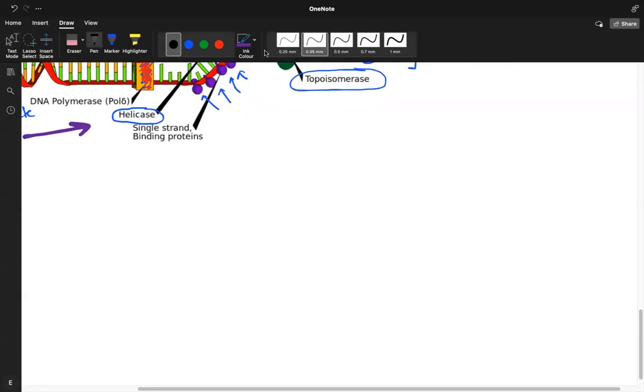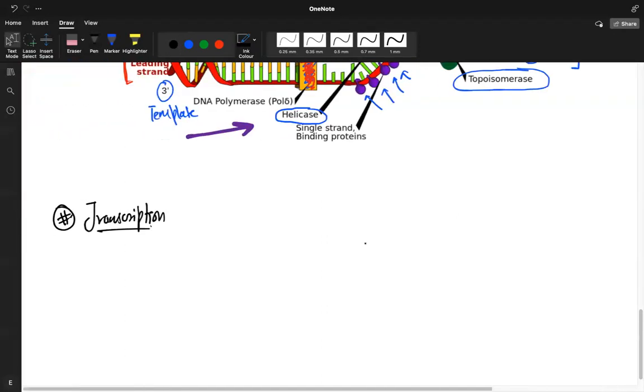The last one, RNA-dependent RNA polymerase. Yes, that's not an enzyme. So DNA-dependent DNA polymerase is for replication. DNA-dependent RNA polymerase is for transcription. RNA-dependent DNA polymerase is for reverse transcription. And RNA-dependent RNA polymerase does not exist.